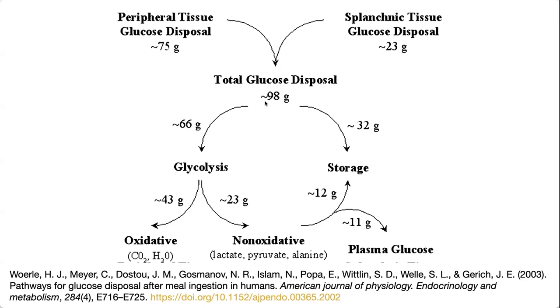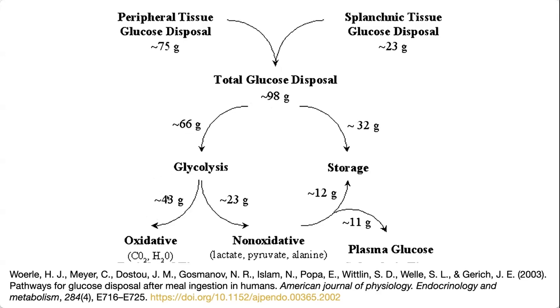Well, about 2/3, I guess, is going to go through glycolysis, whereas about a third of it is going to go to storage. This is going to be your initial glycogen storage, whereas the rest is going to go into glycolysis.